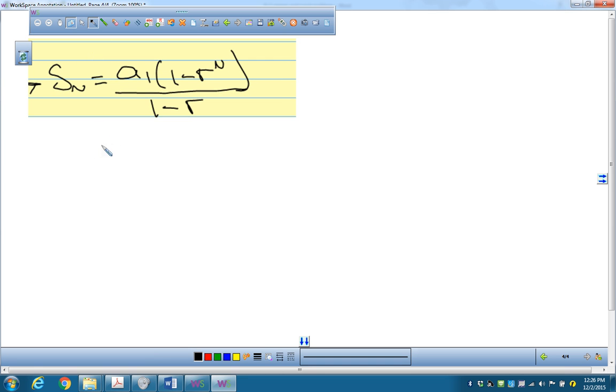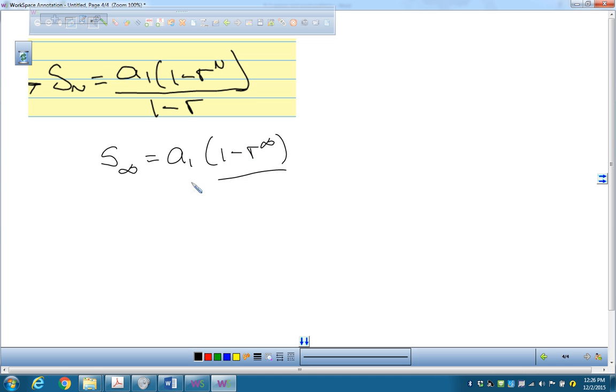So instead of S sub n, I want to add up infinite terms: a sub 1 times 1 minus r raised to the infinity, over 1 minus r, if r is a number that's less than 1 and greater than or equal to negative 1.